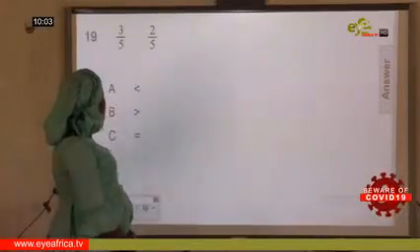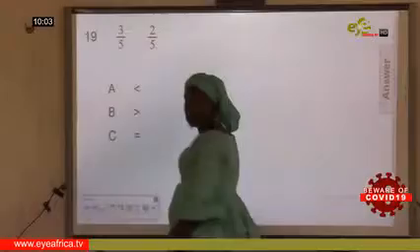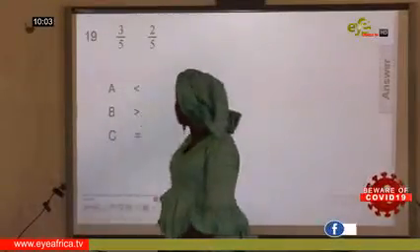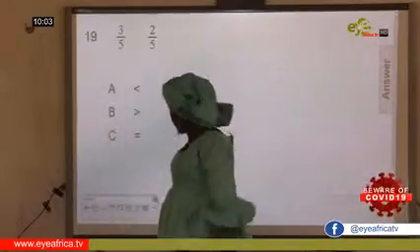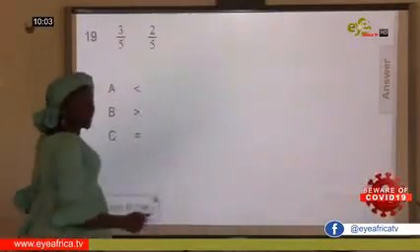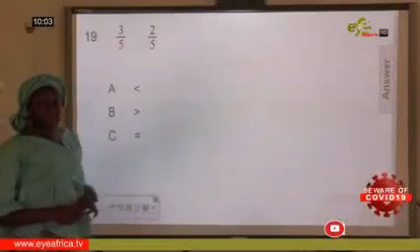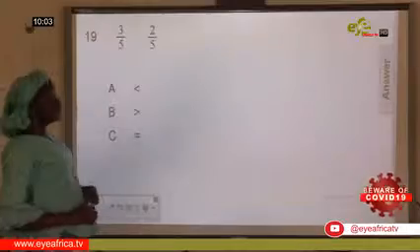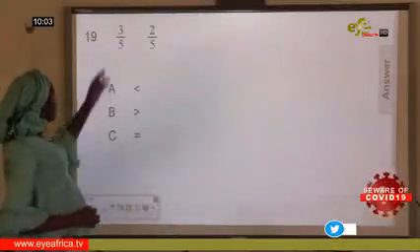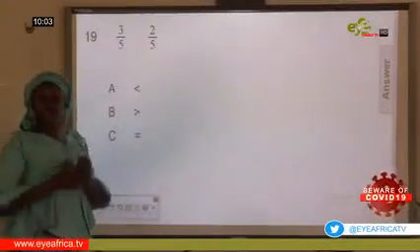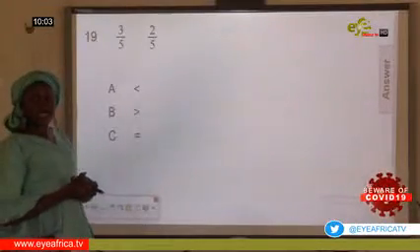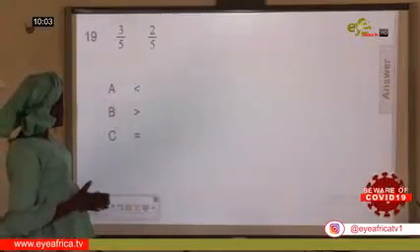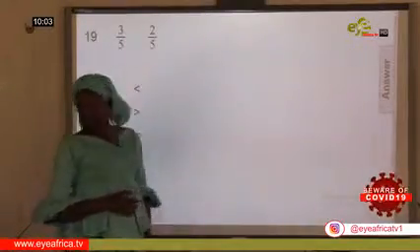We are comparing whether it is greater, lesser, or equal to. Now the first question is going to be 3/5 and 2/5. Are they equal? We are comparing fractions. Remember, these two fractions are not equal.